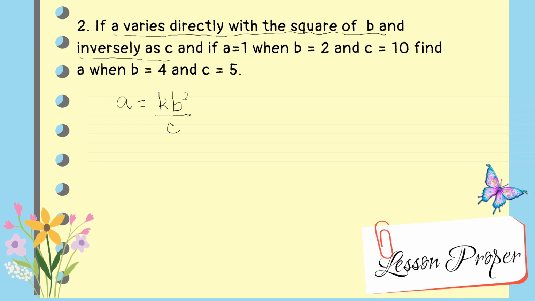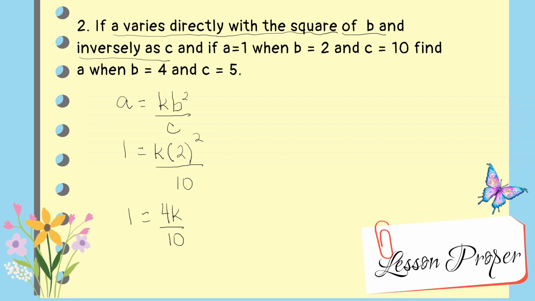If a equals 1, so we substitute 1 to a. k, b is 2, so we have 2 squared, and c is 10. So 1 equals 2 squared is 4, 4 times k is 4k over 10.